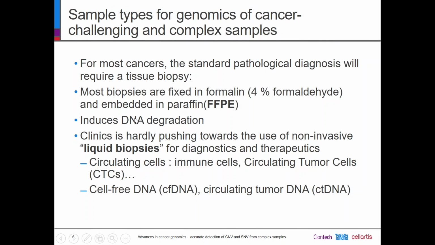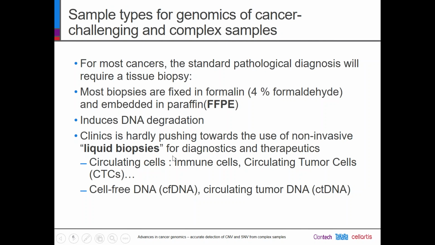But also, quite recently, the clinics is really going towards the use of non-invasive ways of getting cancer biopsies. You are mostly familiar with this term, liquid biopsies, and they have proven useful for diagnostics as well as therapeutics.